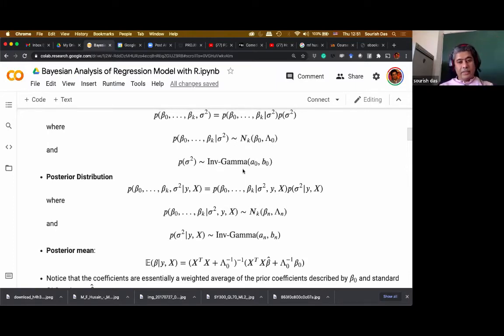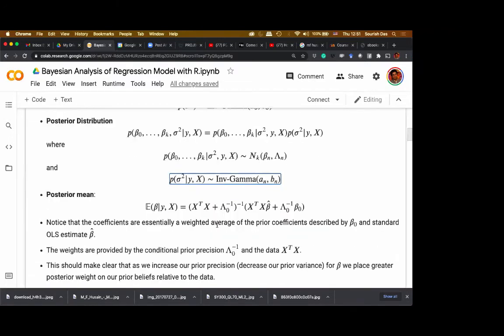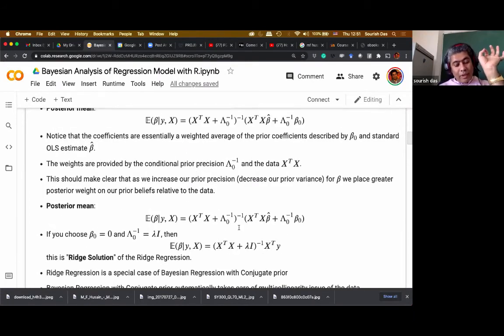If you take beta 0 equal to 0 and lambda 0 equal to this specific lambda I, then your Bayesian solution turns out to be your Ridge solution, because Ridge solutions are derived under L2 penalty. So it is not like I just did some manipulation and we came up with the same result.